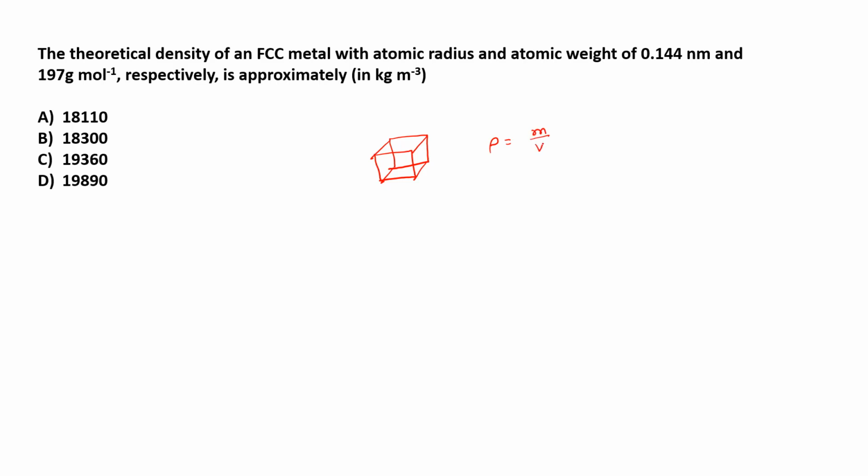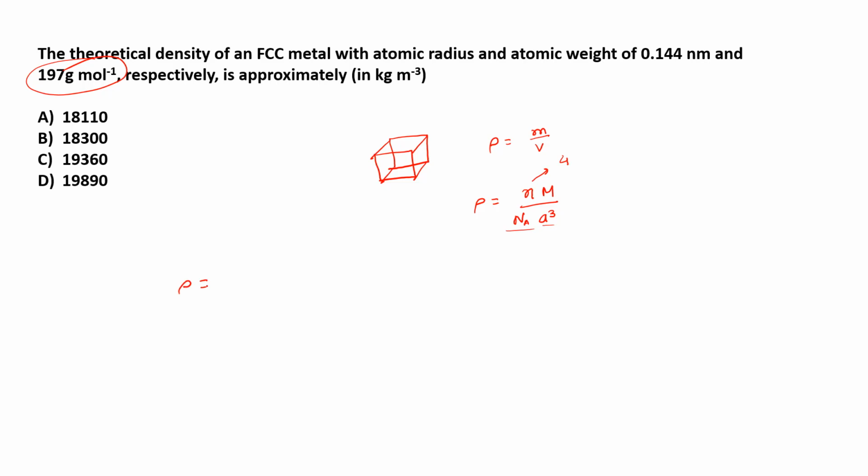In the case of a unit cell, the formula is number of atoms times the mass of each atom divided by the Avogadro number and the volume, that is a cube. Everything is known. N value is here 4, M is given, then Na we know, and a also we know.